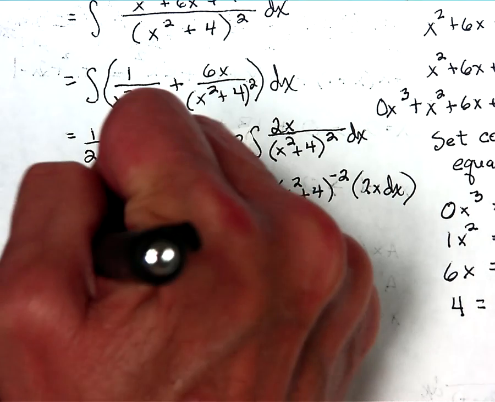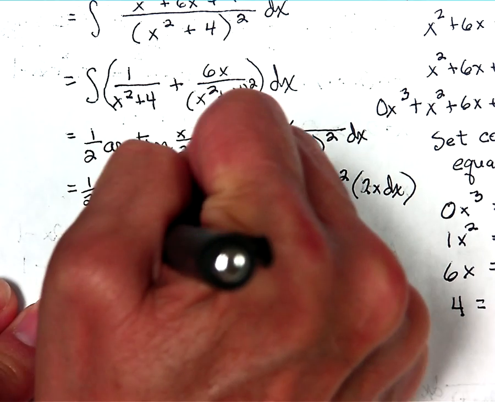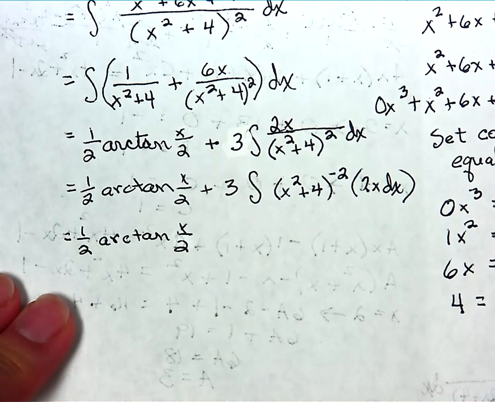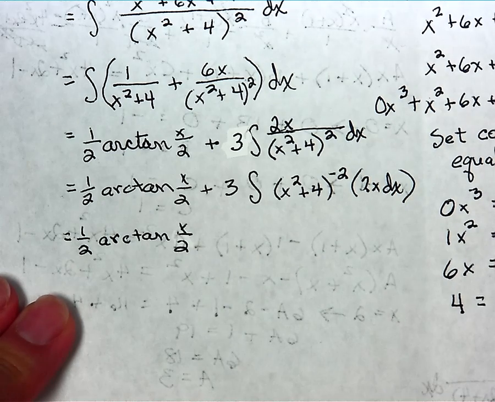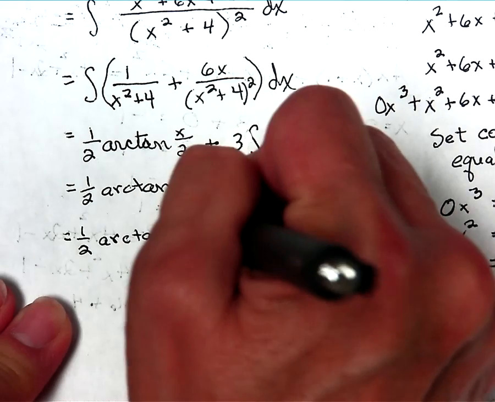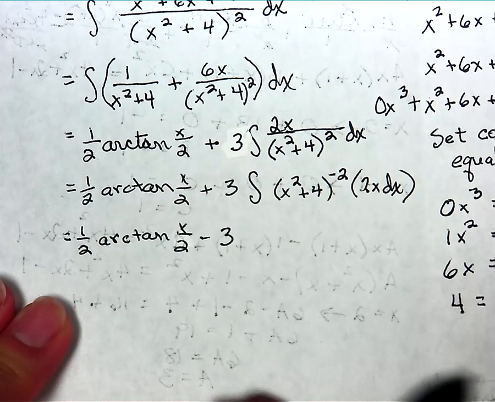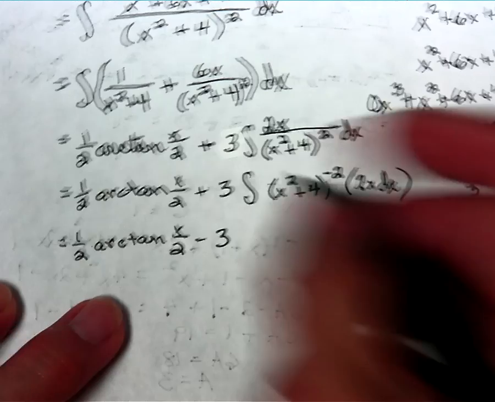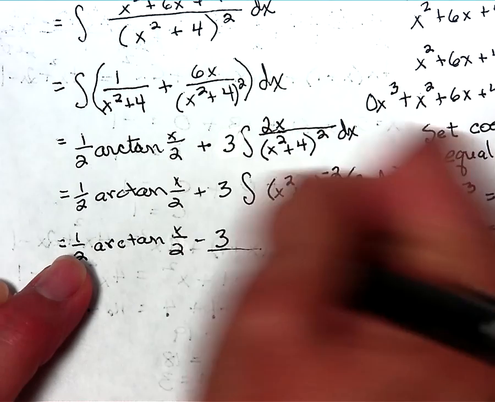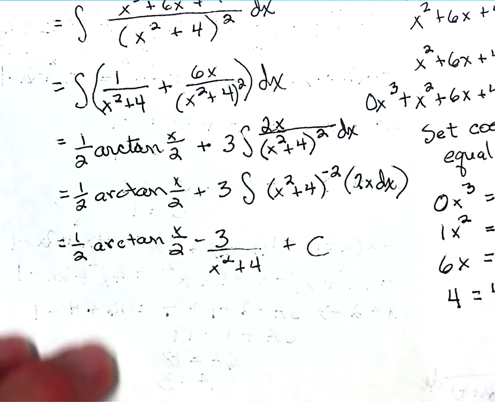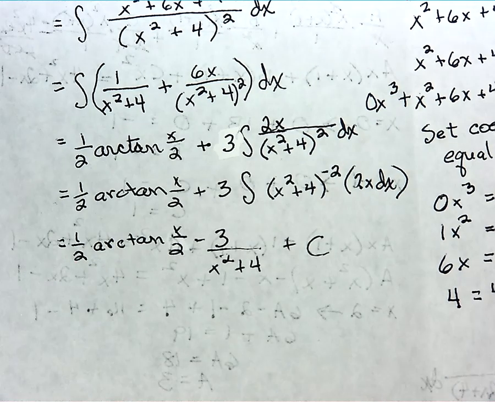And what's the antiderivative of u to the negative 2 if you have du right beside it? Add 1 to the exponent, it would become negative 1. Divide by the exponent, and this coefficient would become negative 3. U to the negative 1 would just put u in the denominator. Yep.